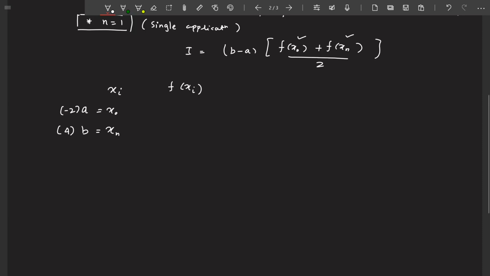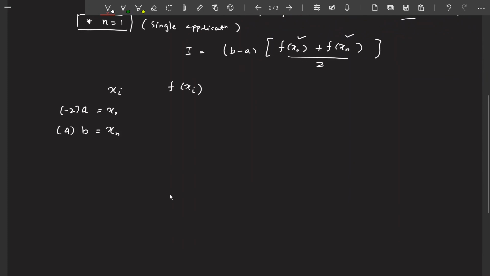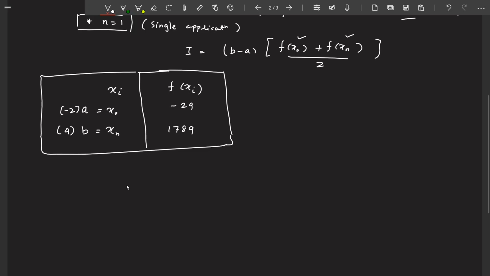So when you substitute the values of minus 2 and 4 in this function, what you're going to get is minus 29 and 1789. So this is nothing but f of x0 and this is nothing but f of xn.